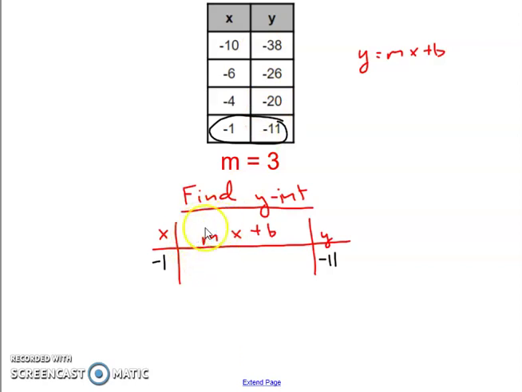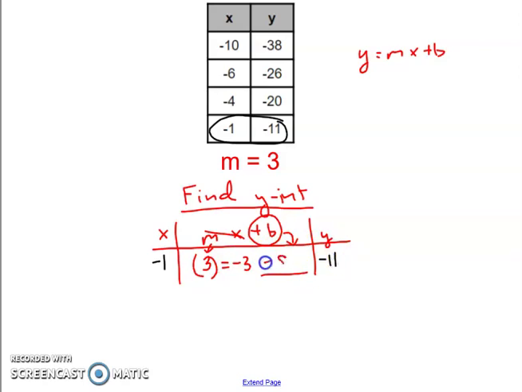We're looking for the slope times the x value. Slope, we said, is 3, times the x value, which is right here, -1. So if I multiply 3 times -1, I'm at -3. I've done this part. What do I need to get to -11?